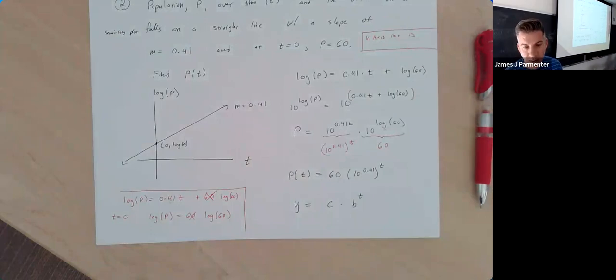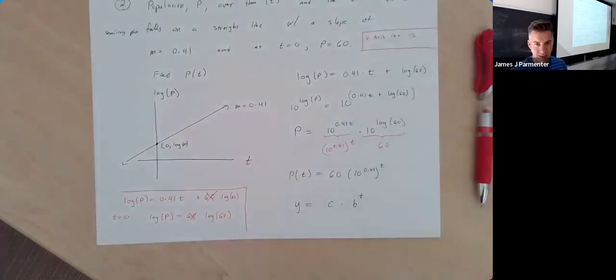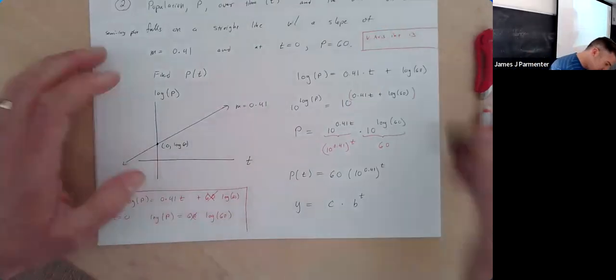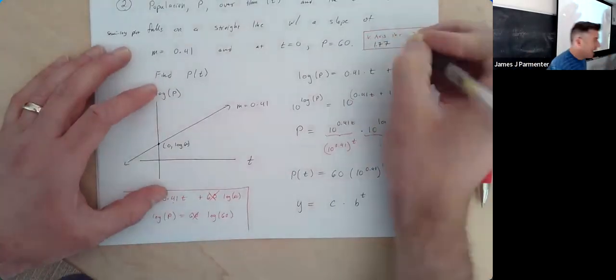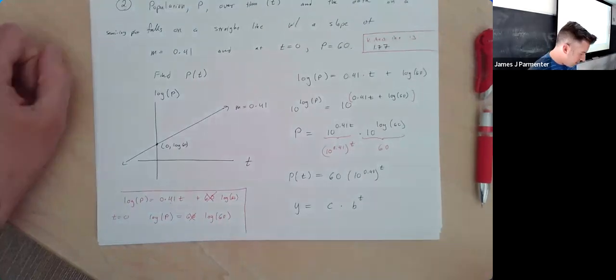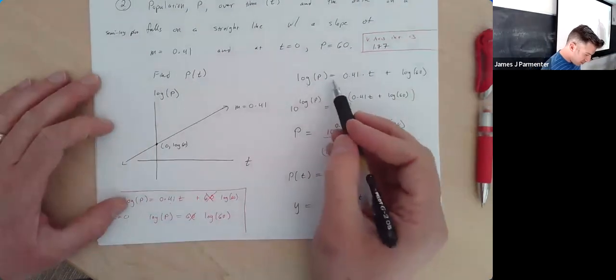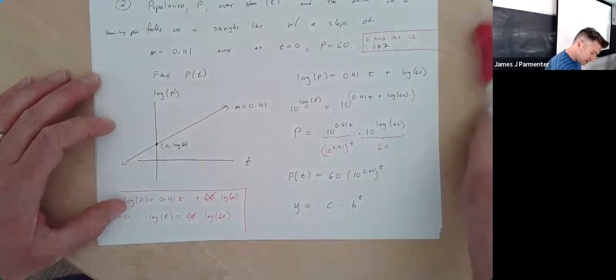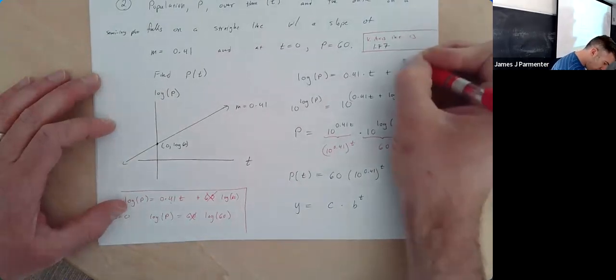I just wanted an approximation of log of 60. Oh, there we go, 1.77. I could have said that instead. And then we would have done log of p equals 0.41 times t plus 1.77.